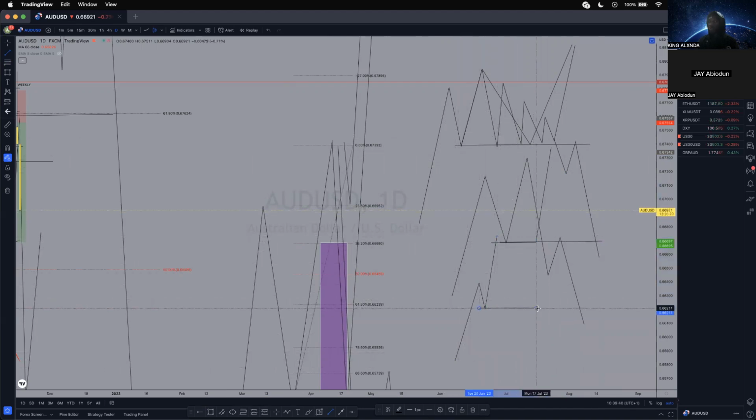It is not a point of structure. So the market can come back to it. When the market comes back to it, it becomes a point of structure because now you have a Fibonacci from low to high. It is now a point of structure, which is 61.8. But before, it was not a point of structure as it was only 23.6.